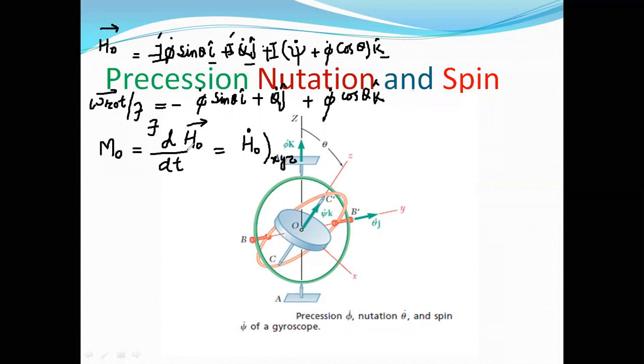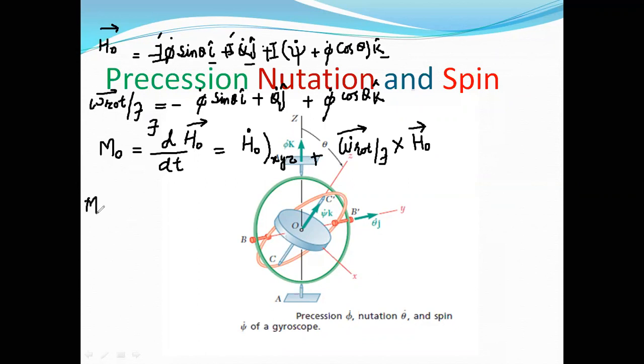That will be the derivative of h naught with respect to the rotating frame of reference plus the angular velocity of the rotating frame with respect to the ground frame, its cross product with the h naught.